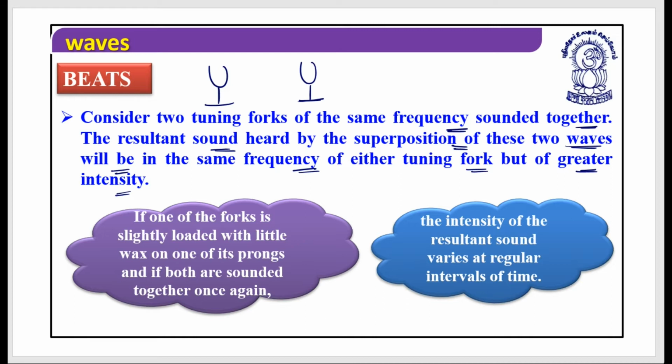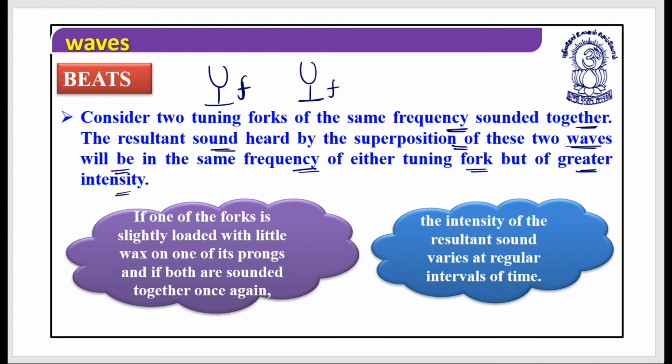Let's say each is having the frequency f, and when these two are sounded together, the frequency we hear is the same, but the resulting intensity would be greater. Yes, I hope this is clear.